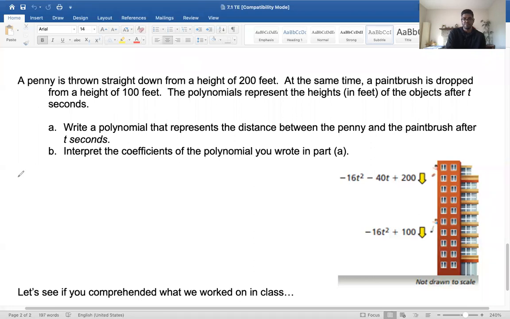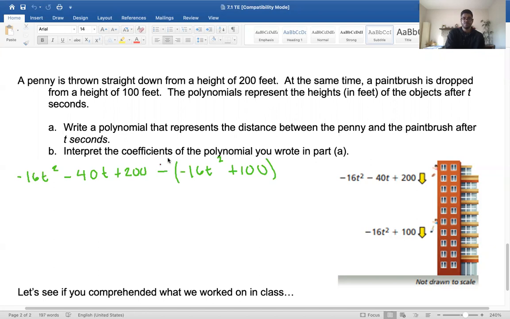So I can write this as negative 16t squared minus 40t plus 200 minus, and then in parentheses, negative 16t squared plus 100. We want to find the difference between the two. Difference meaning subtraction.